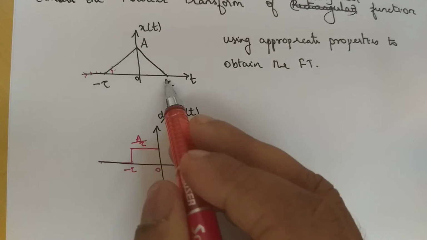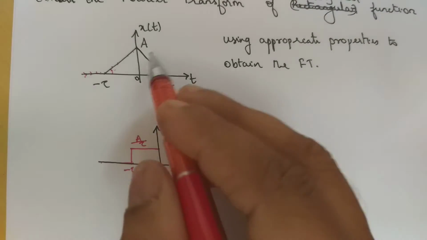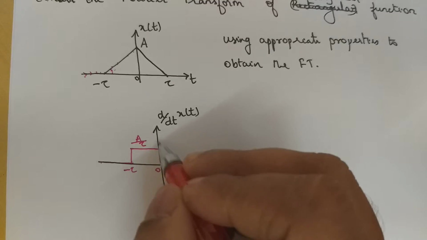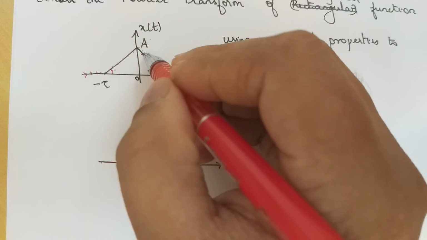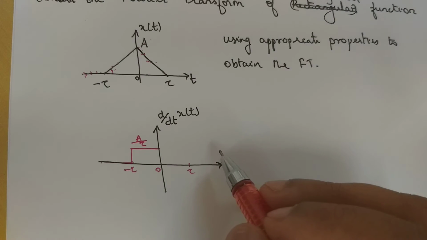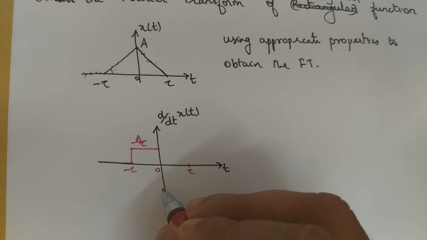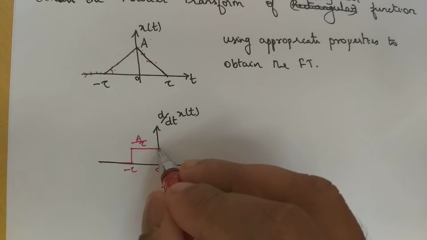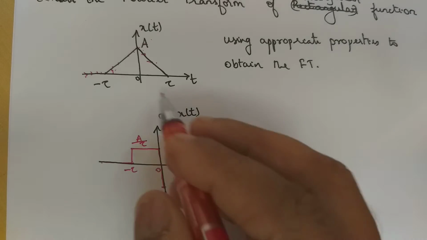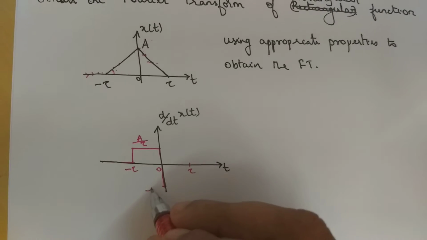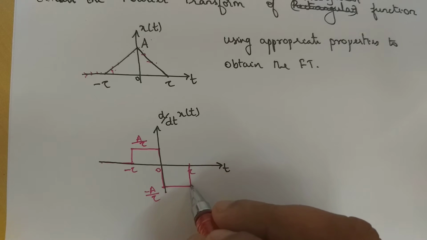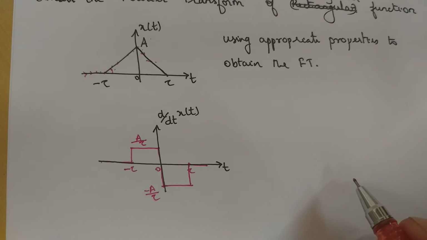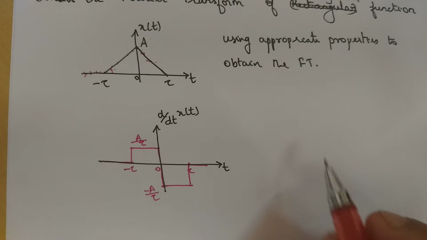Here at this particular part, the amplitude starts decreasing. So the amplitude jumps to minus a by tau from plus a by tau, since this is also the width but in the negative direction, and at this particular part it dies out to 0. So this is the first differentiation.